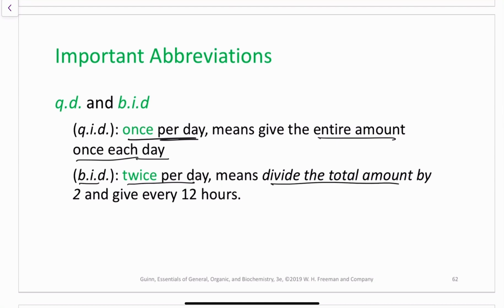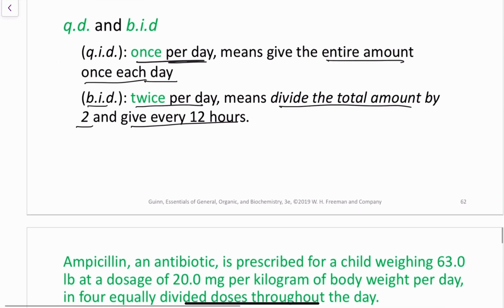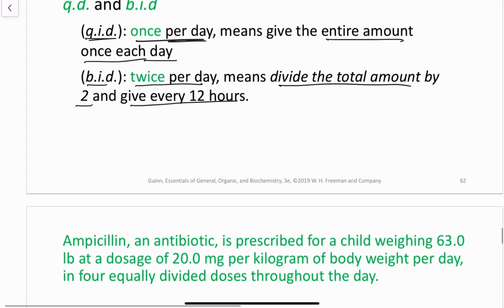It means divide the total amount by 2 and give every 12 hours, because you have to divide the total dose into 2 equal amounts, right? And you have to give twice a day, so each day is 24 hours. You have to give them exactly 12 hours apart, right? So make sure you remember QD and BID.